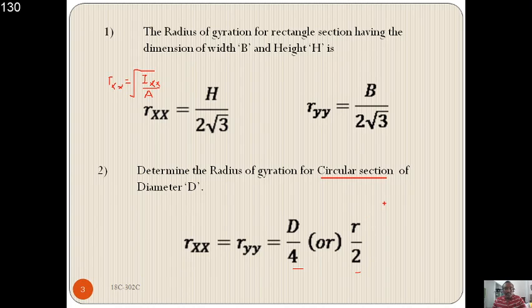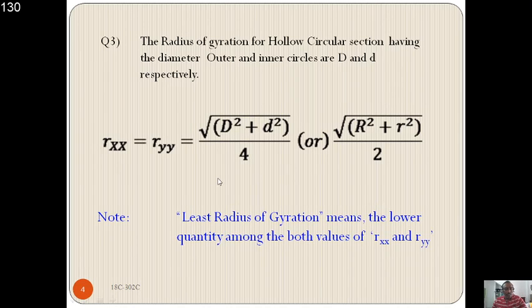This is generally asked. They will post questions in the exam asking to determine the radius of gyration for circular sections. In order to make it tougher, they will ask hollow sections also in the exam. So frequently they ask about the hollow circular section.